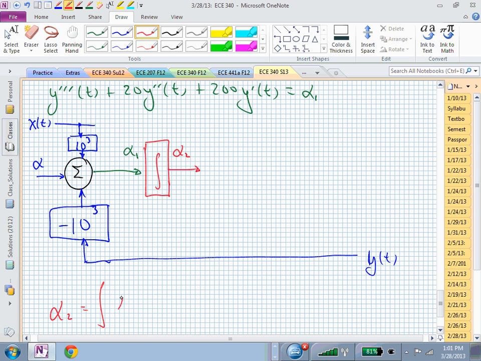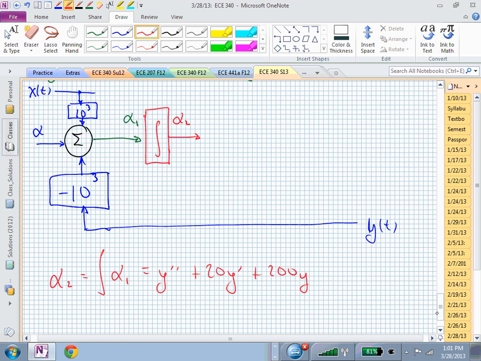That's the integral of alpha 1, which is y double prime plus 20 y prime plus 200 y. Oh, I have y. Let me subtract 200 y from that. So now I can say minus 200 y from alpha sub 2.